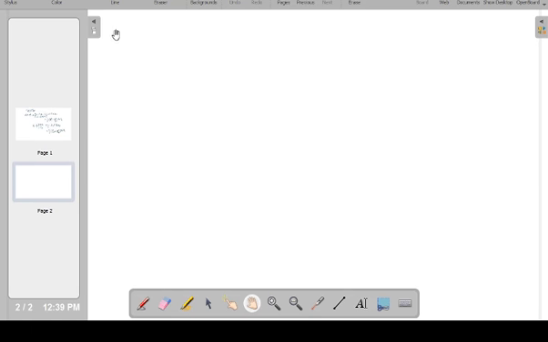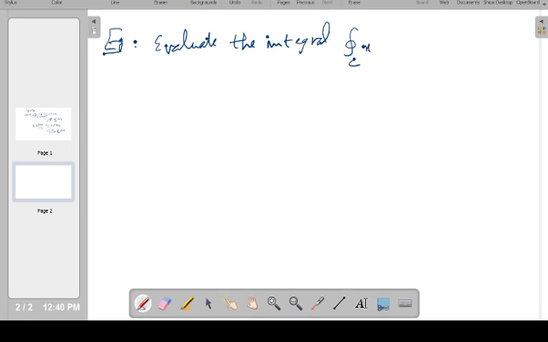So, example: evaluate the integral over C of xy dy minus y square dx, where C is the square cut from the first quadrant by the lines x equal to 1 and y equal to 1.